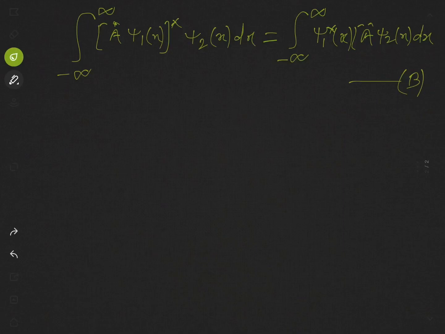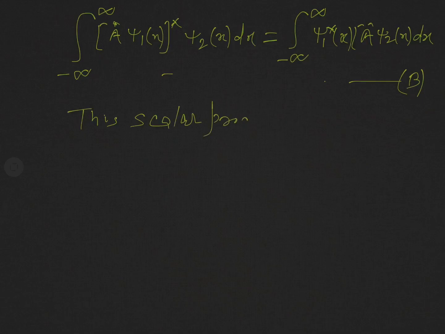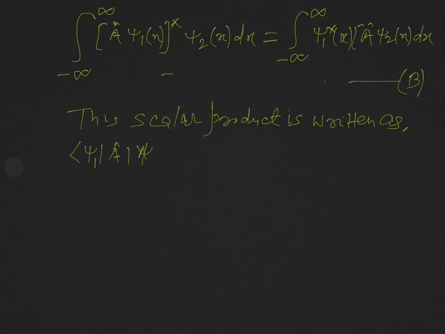Actually, this scalar product defined in equation A or equation B is denoted by a particular symbol. This scalar product is written as Bra-Ket psi1 A psi2.